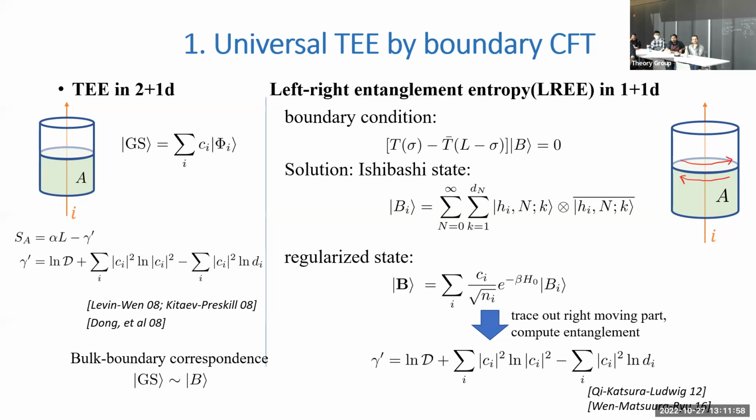So my understanding is that, by analogy, when we think about this left-right entanglement entropy on the boundary side, we can also take a corresponding general linear combination. So the coefficient here for the boundary state is really related to that for the 2 plus 1 D ground state.